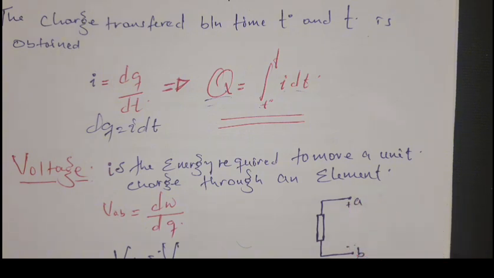In order to move a unit charge or a bunch of charges, we need a potential difference, like a battery or a generator.